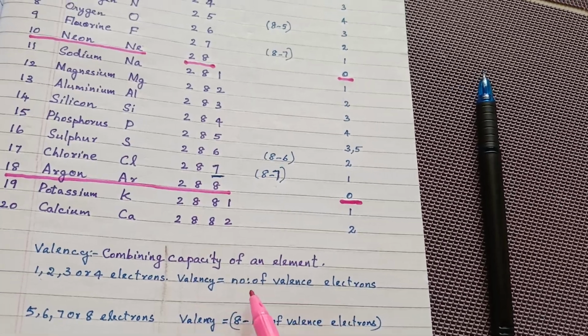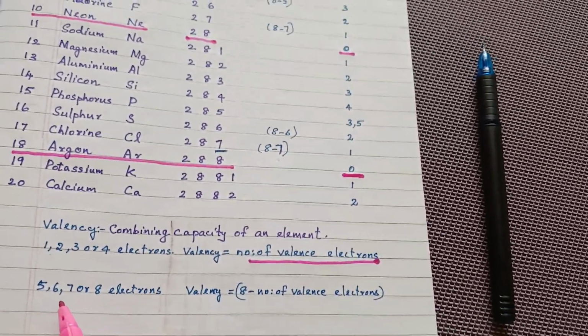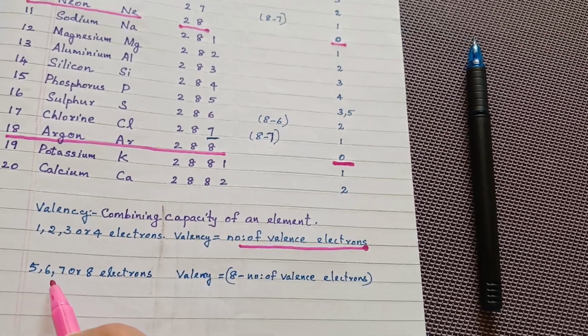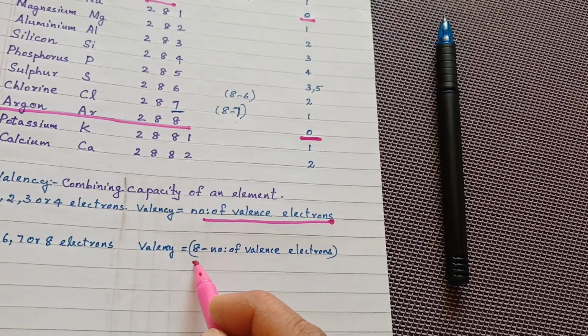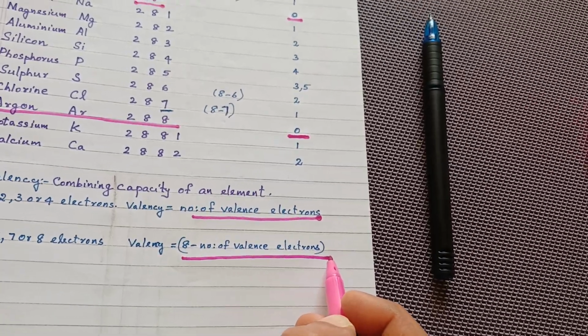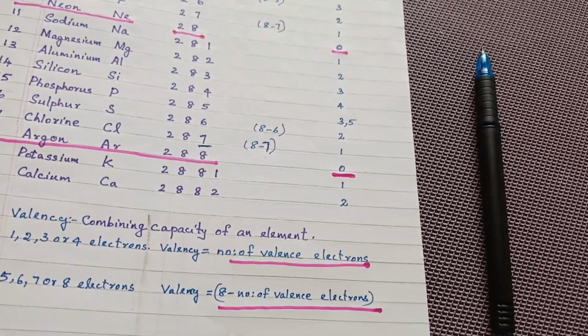Valency will be equal to the number of valence electrons. But if the number of electrons is 5, 6, 7 or 8, then the valency equals 8 minus the number of valence electrons. I hope you understood this.